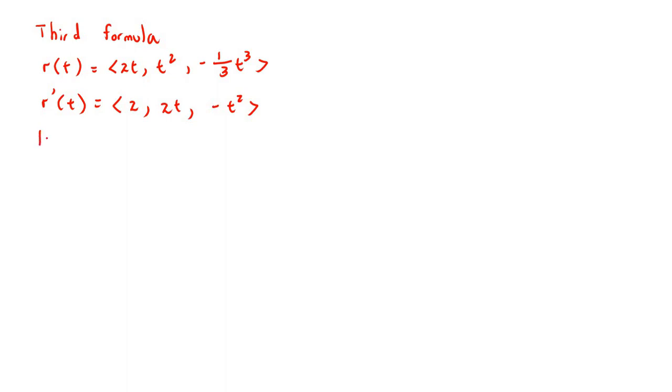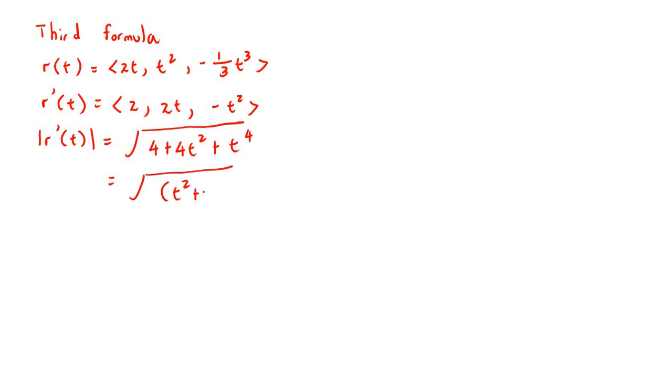Then you find the magnitude of R prime t: the square root of 4 plus 4t squared plus t power 4, which is t squared plus 2 squared. So t power 4 plus 4t squared plus 4 gives t squared plus 2.